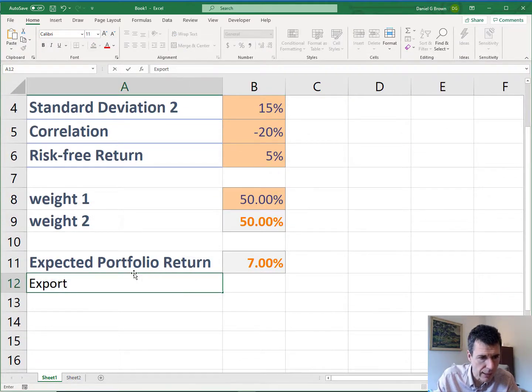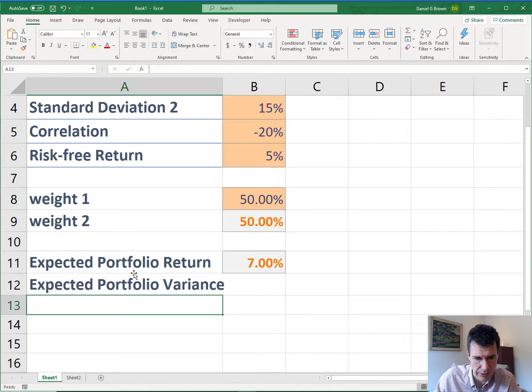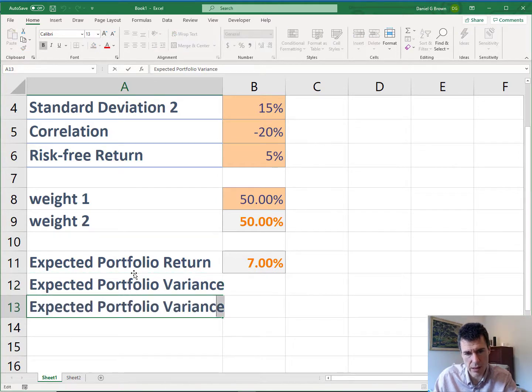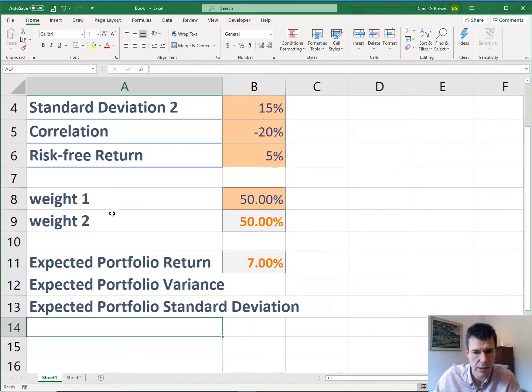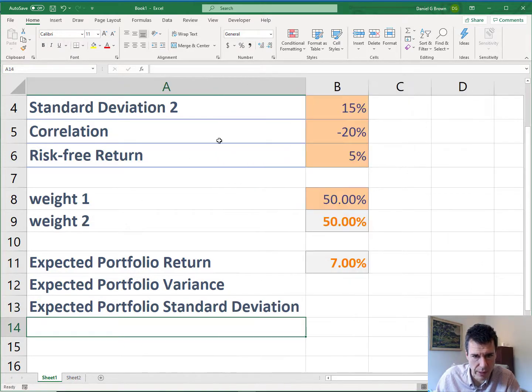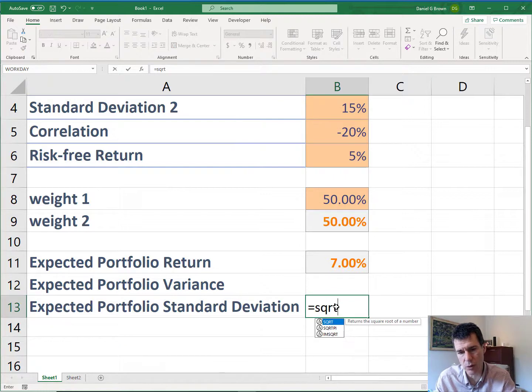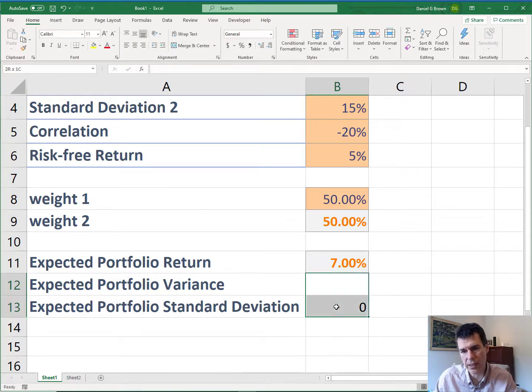Let's do expected portfolio variance, and then I'll do the standard deviation as the square root of that. That'll be just a little easier. So square root of the previous cell. These again are going to be calculations.